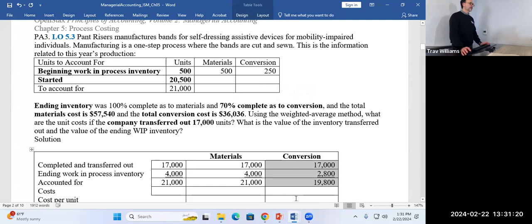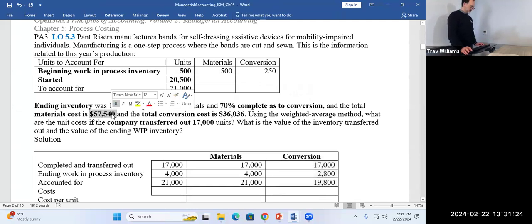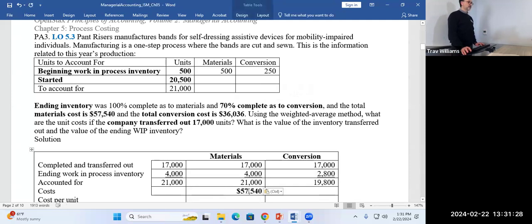Okay, great. And then they told us the material costs up here. We can put that here under costs. They told us conversion costs. We'll put that over here under the conversion costs. And then we could simply add those together to get our total costs.